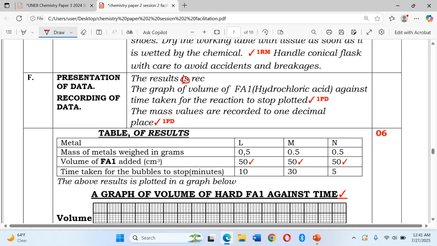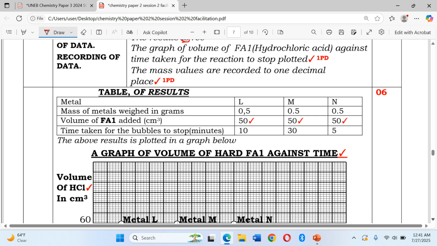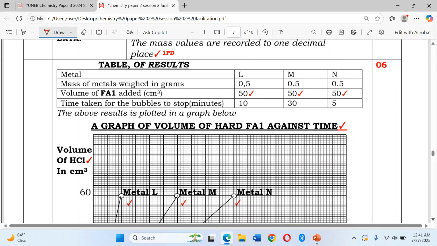Then the mass values are recorded to 1 decimal place. You can tell us which decimal place you have used. So that is our table of results, showing the metal, the mass of metal weighed, the volume of Fa1 added, and the time taken for the bubbles to stop. So you get all your scores.